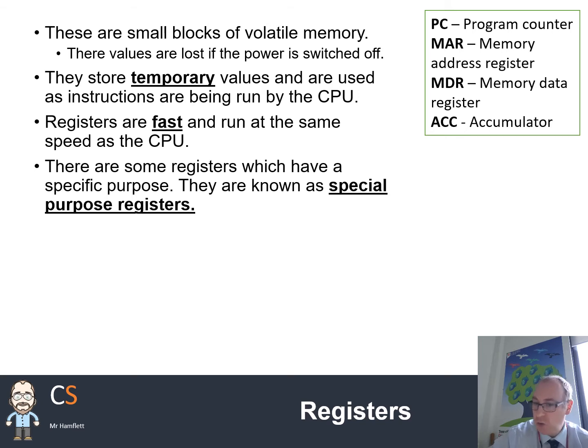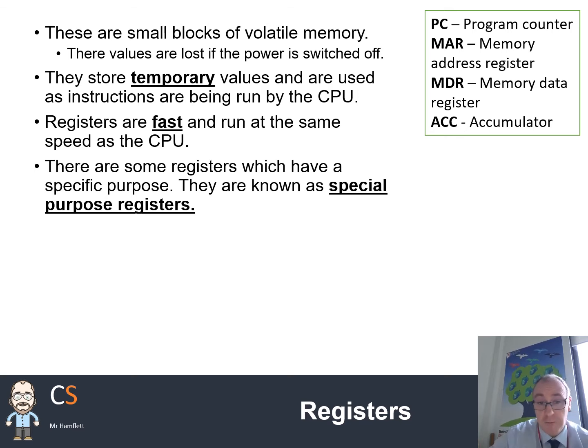They're used to store values as a program is running. So rather than having to copy values back to RAM, or even to storage devices, values are stored in registers initially, just while it's working them out, and then once it's finished its calculations, we can start storing things into RAM and storage devices.